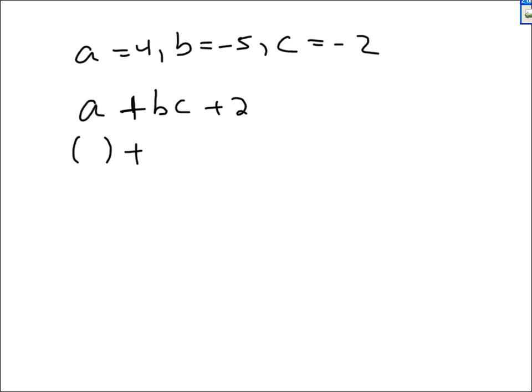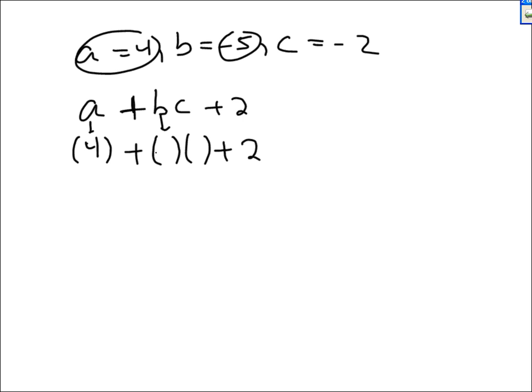A plus B, C plus 2. Now plug in the values for the variables. For A, I'm told it's 4. For B, I'm told it's negative 5. C is negative 2. Let me just write it out again. I'd like a little bit more space.